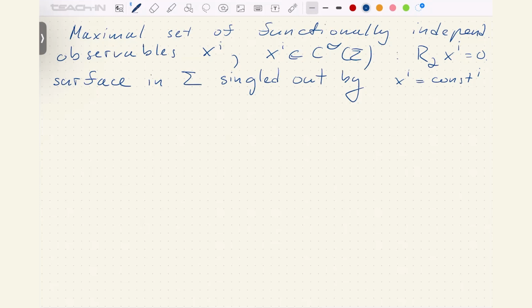that means start solving this gauge evolution equation without the Hamiltonian. We know that the values of observables along all solutions are unchanged. So if our point belongs to this surface, then the values of xi at any other point of the gauge orbit are the same, so it also belongs to the same surface. In fact, because we picked a maximal set by assumption, it is precisely the gauge orbit, at least locally.